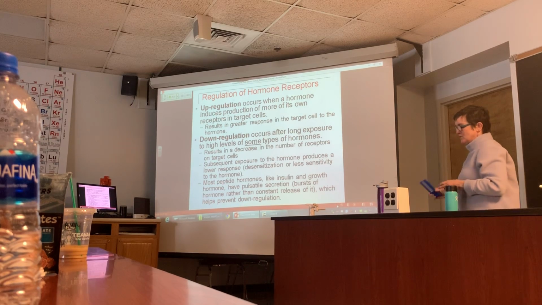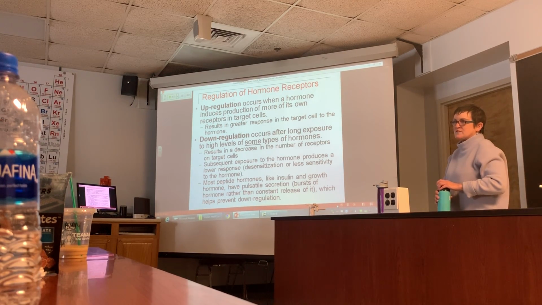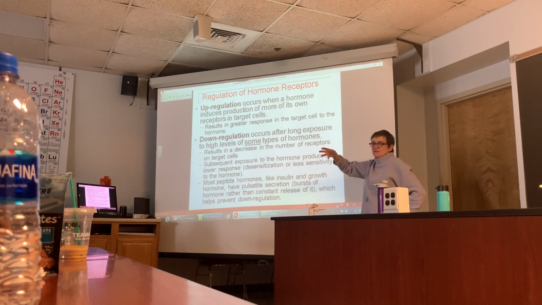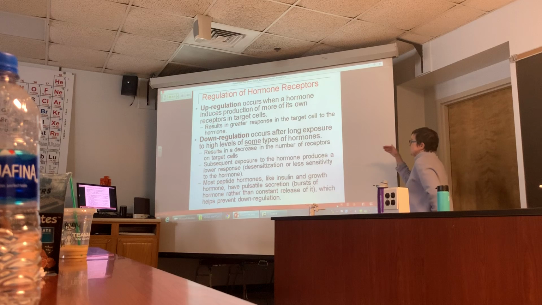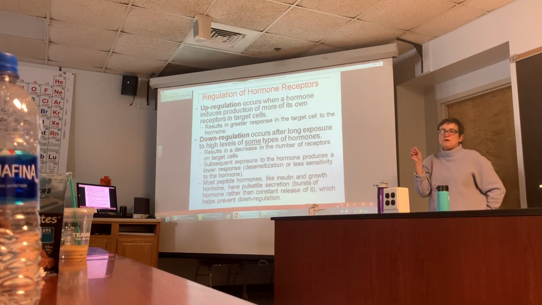But there are some hormones that stimulate upregulation, getting more receptors, which makes them more responsive to the hormone. And then other times when that hormone's not present, you'll get breakdown of some of those receptors and fewer receptors. So that's upregulation. Downregulation happens in some cases, some types of hormones stimulate downregulation.